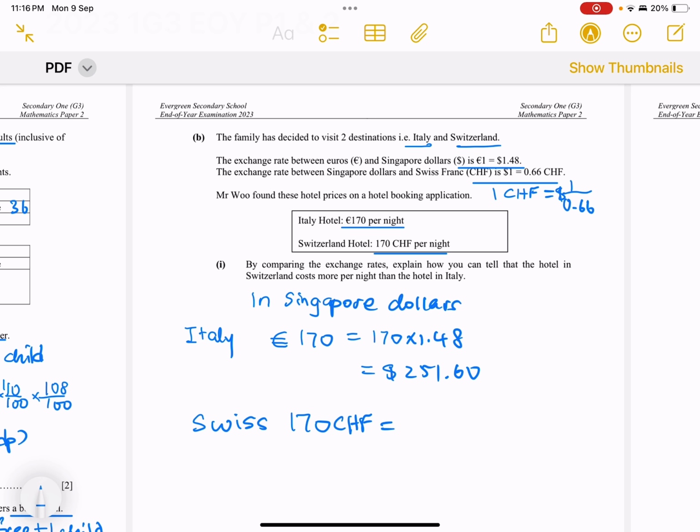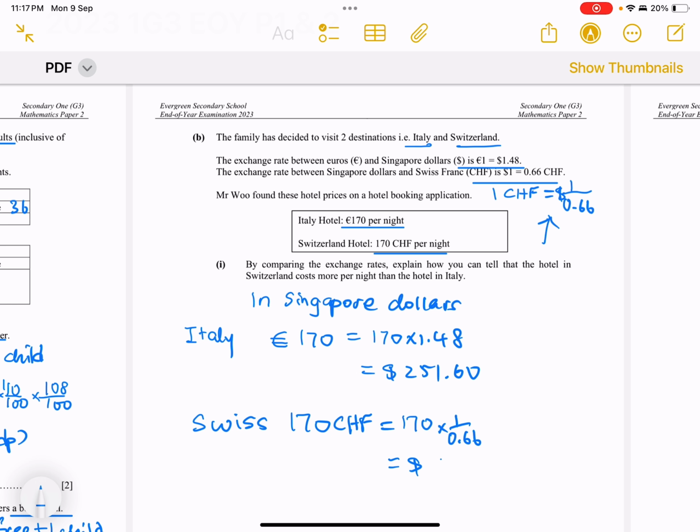Then for this, we multiply by 1 over 0.66, because we found that 1 Swiss franc is 1 over 0.66, so 170 is multiplied by that.